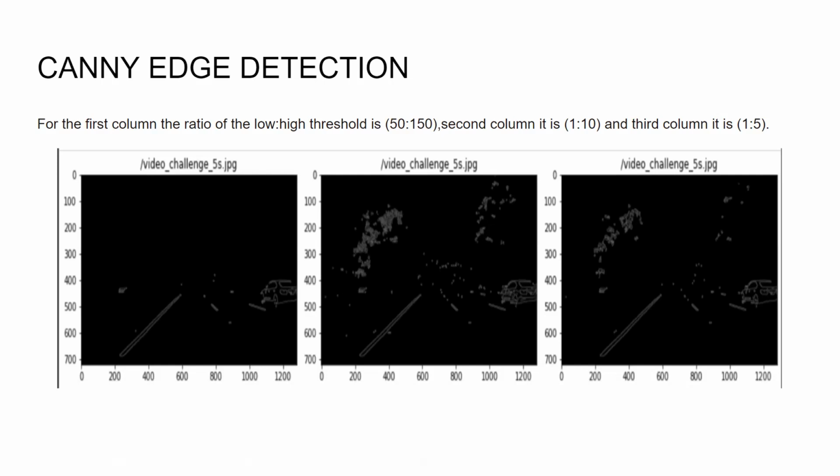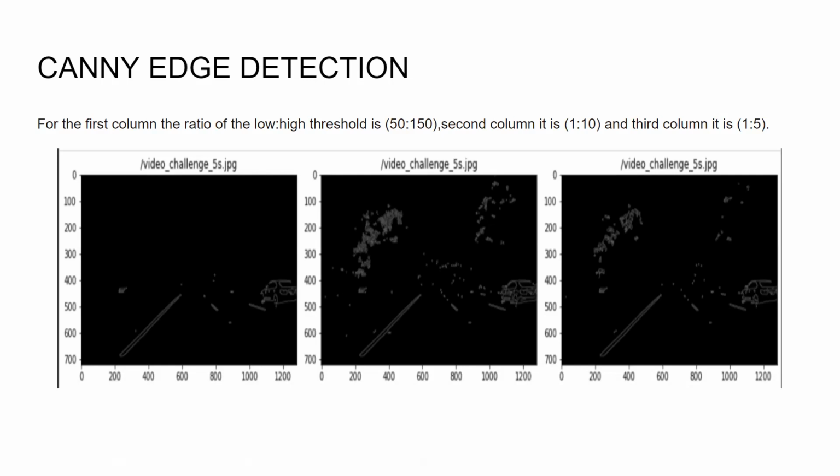Strong pixels are the pixels which are above the high threshold value, medium pixels are the pixels which lie between the low and high threshold values, and weak pixels are the pixels whose intensity lies below the threshold values.